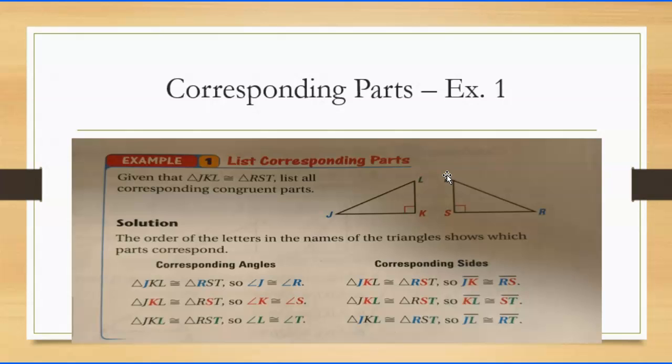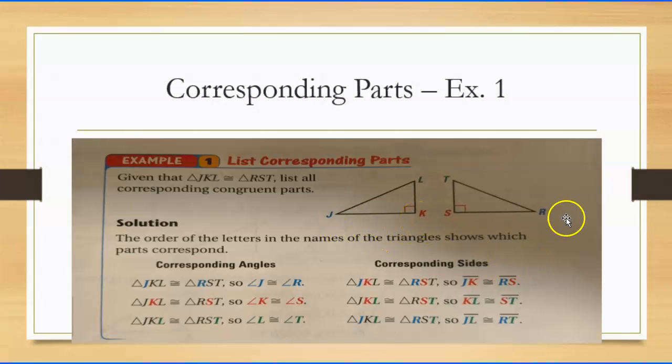Now, if we look at the rest of this, some of the other things that we can learn from this triangle is that corresponding angles, that's what we're looking at first. J is going to be congruent to R, K to S, and we actually are given that information. We know those are right angles. And then L is congruent to T. The corresponding sides, again, should be fairly simple.